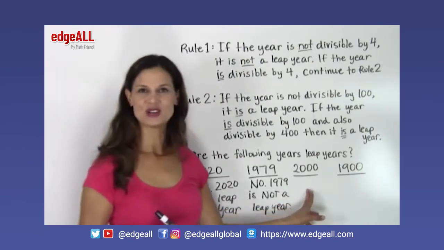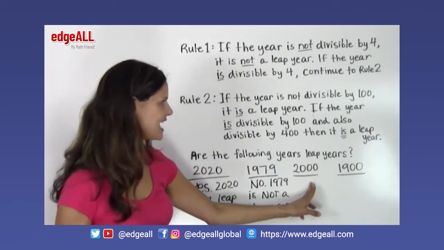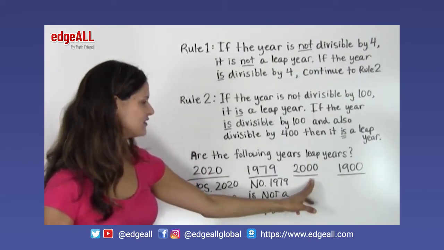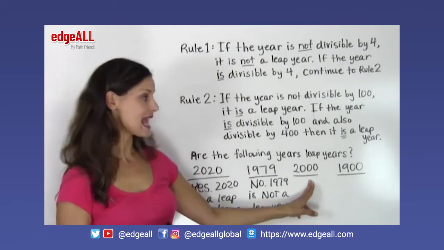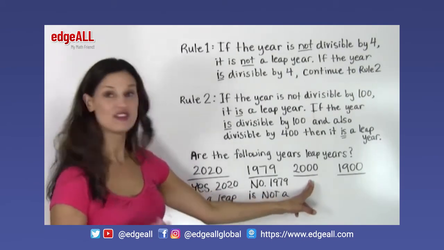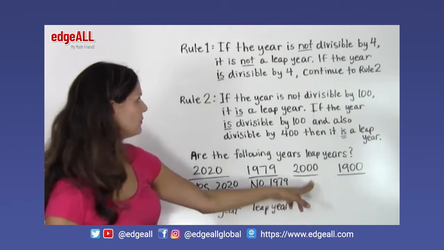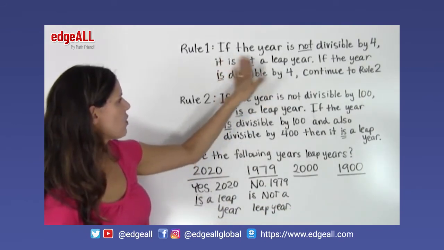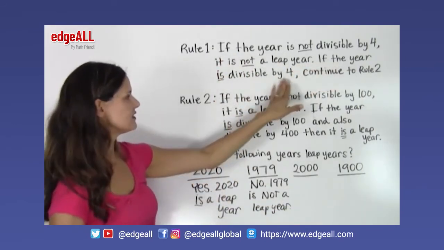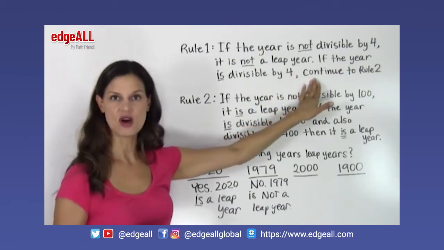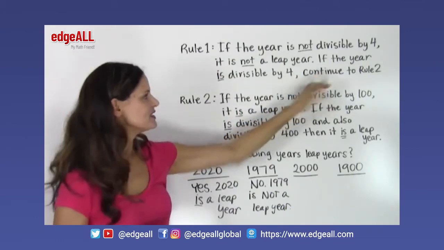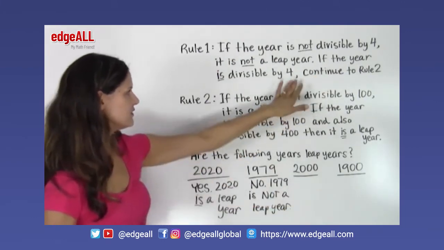What about the year 2000? If I take 2000 and divide it by 4, I get a whole number answer of 500. So 2000 is divisible by 4. So it says if the year is divisible by 4, continue on to rule 2. So yes, 2000 is divisible by 4.